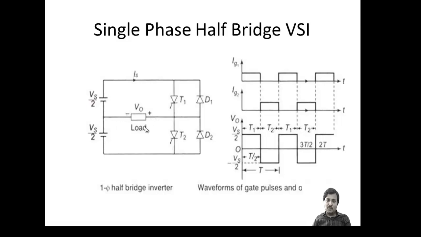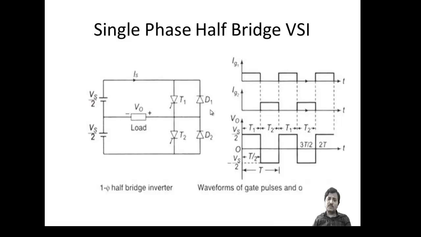That means a positive voltage is applied across the load with this polarity when T1 is triggered, at time period T/2. When the gate signal Ig2 is given to T2, the positive Vs/2 is given here and the negative here, so a negative voltage Vs/2 is applied. So the output voltage is Vs/2 when T1 is triggered for the half period, and when T2 is triggered, minus Vs/2 is applied across the load.